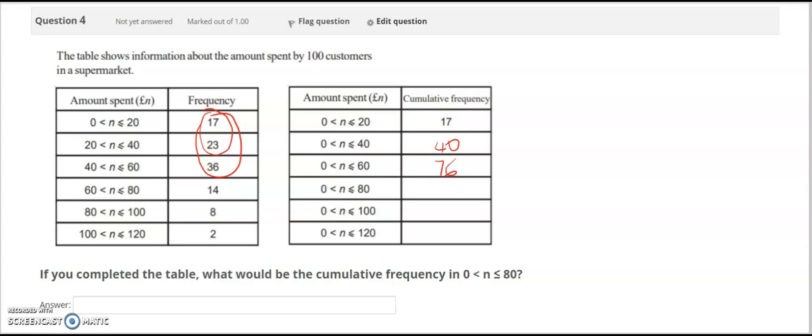So if I add 14 to this, it becomes 90. And if I add the 8, it makes 98, and the 2 makes 100, which is the number of customers that we're given. The question is particularly interested in this one, so let's find it, and that is 90.